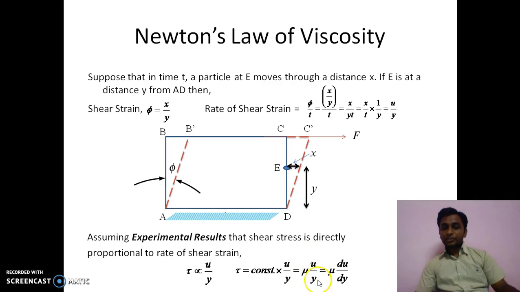So we can write this u by y in terms of differential, which is nothing but change in velocity with respect to change in y. So as y changes, velocity will change. This can be expressed in differential terms, which is mu into du by dy. So tau equals mu into du by dy. It is known as Newton's law of viscosity.